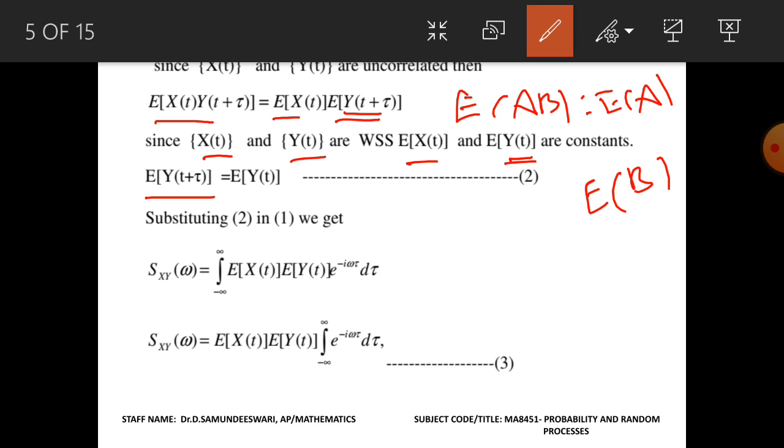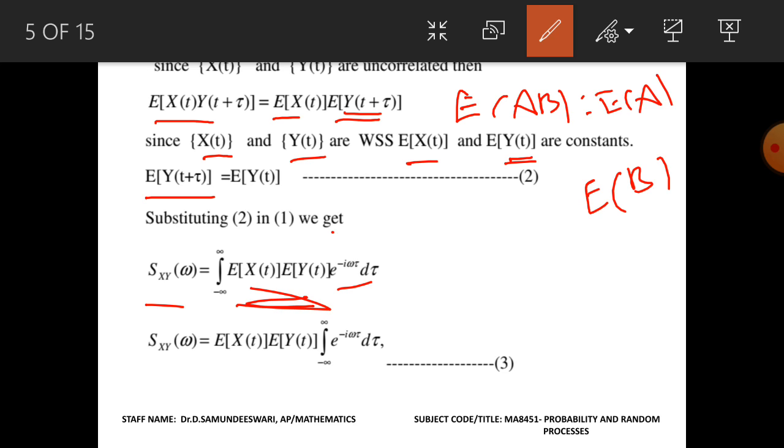So in place of E[y(t+tau)], I am going to write E[y(t)], because both are constant terms. Substituting all these values in equation 1, we get Sxy(omega) equal to the integral from minus infinity to plus infinity of E[x(t)] E[y(t)] e^(-i omega tau) d tau.